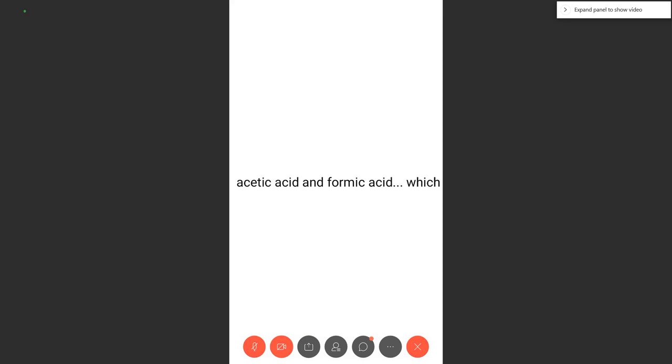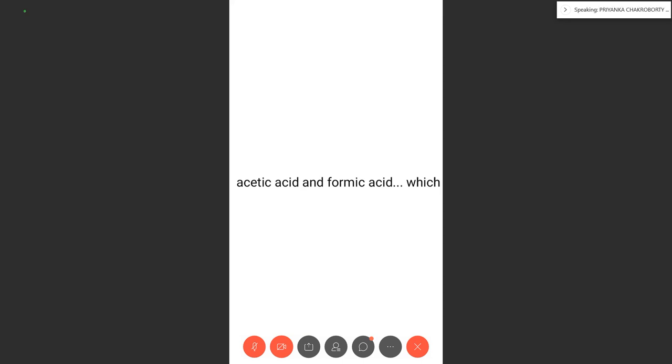In these molecules, we can see that the CH3 group, the alkyl group, has a plus I effect, inductive effect. But H does not have such an effect. According to Brønsted-Lowry concept, an acid is a molecule which gives up a proton, right?